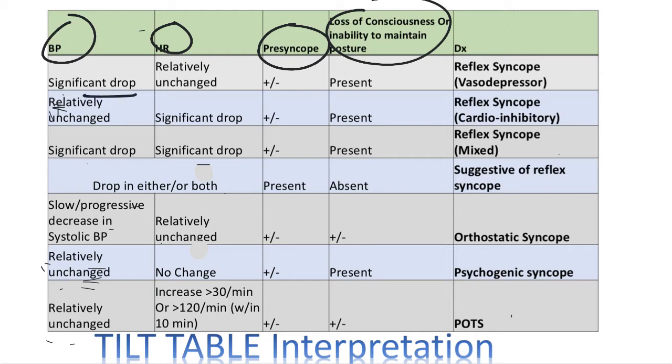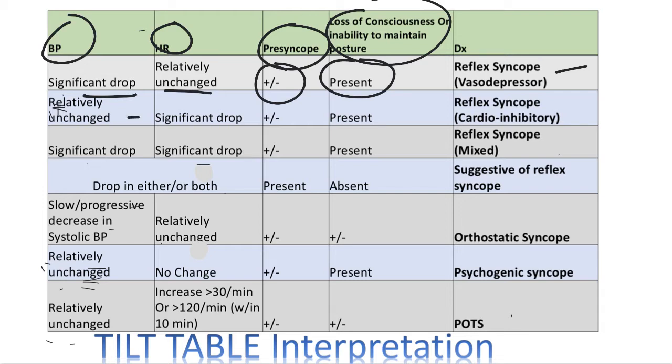By these four variables, we can identify a lot of different things. If the blood pressure drops significantly, but the heart rate is relatively unchanged and may even increase, there may or may not be pre-syncope, but there is a loss of consciousness. You diagnose reflex syncope, and it is a vasodepressor subtype.